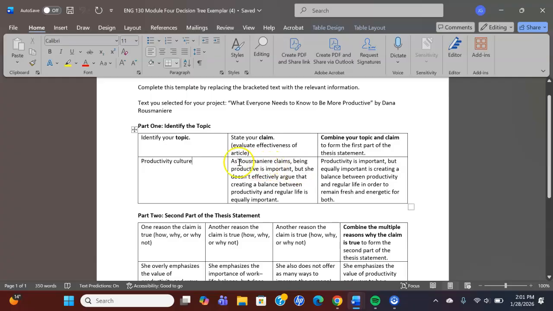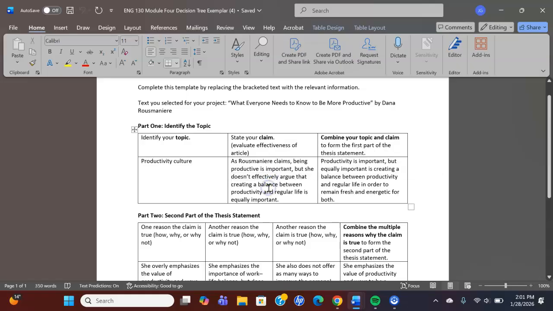And then the claim. Okay. So as Rose Manier claims, being productive is important, but she doesn't effectively argue that creating a balance between productivity and regular life is equally important. So this is the main claim here, what the article is claiming and why it is not effective.